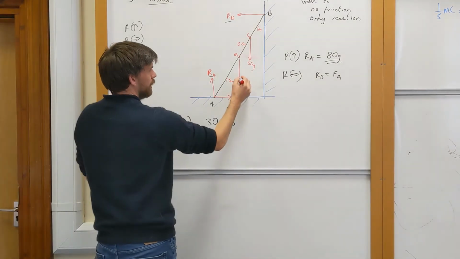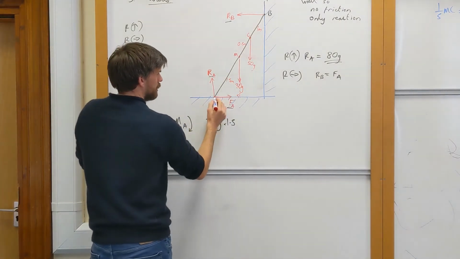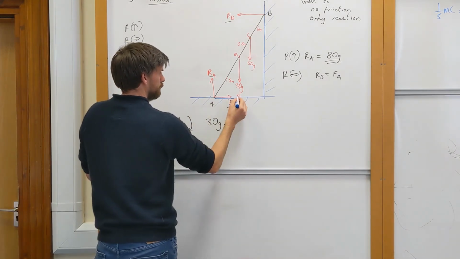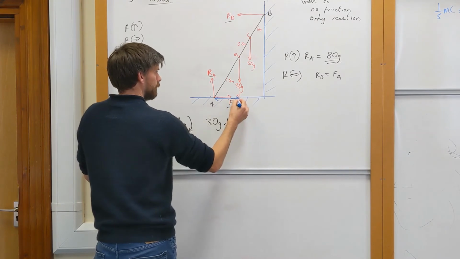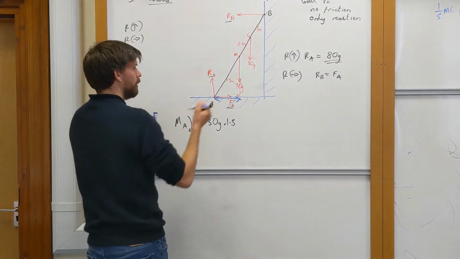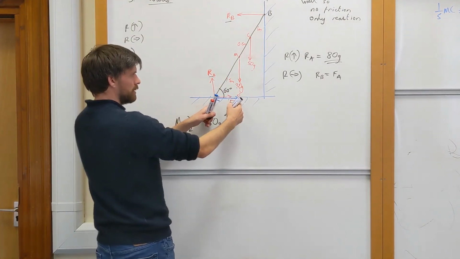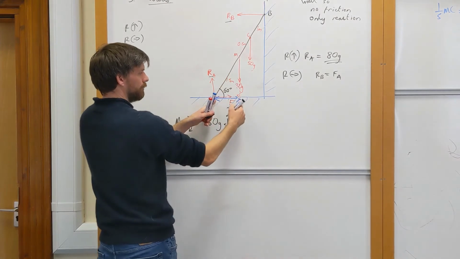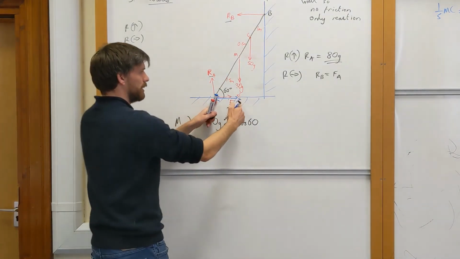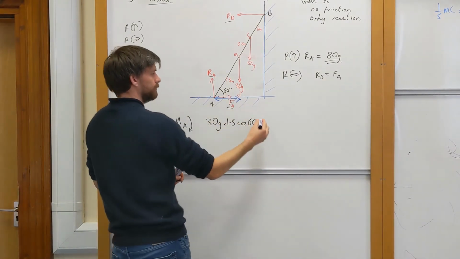If you think of your force line, from the work we did a couple of lessons ago, this bit here is my perpendicular distance for the 30g. We know that that angle in there is 60 degrees, so that distance has got to be 1.5 cos 60. Okay, so that is my perpendicular distance for that 30g force.